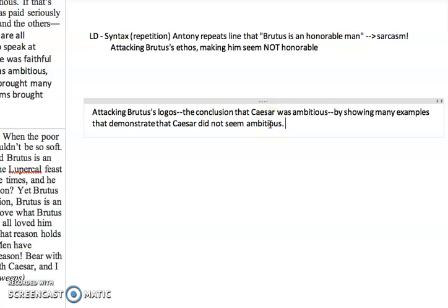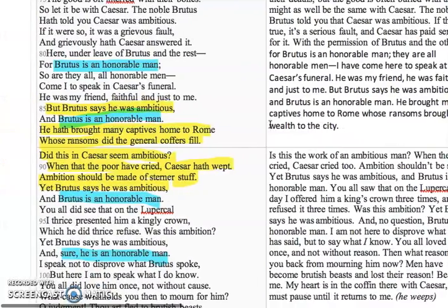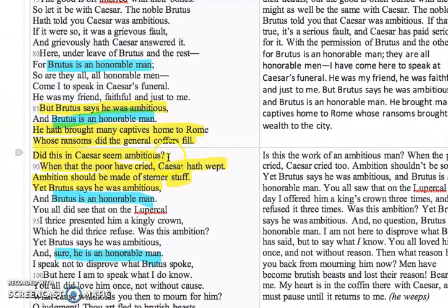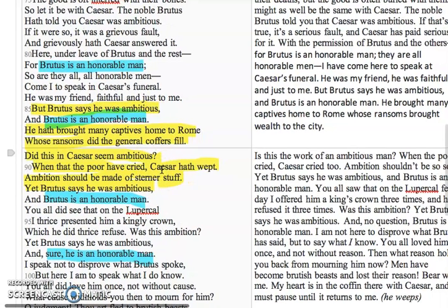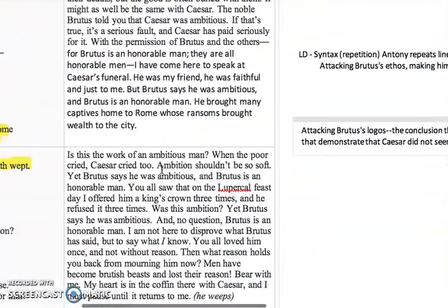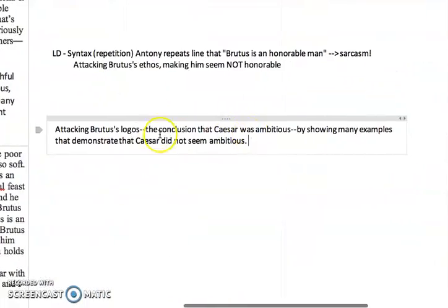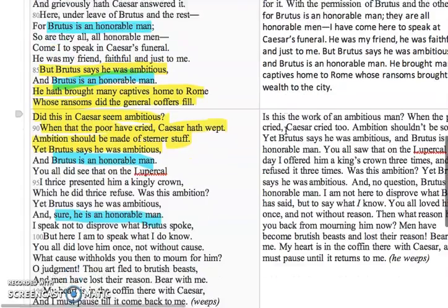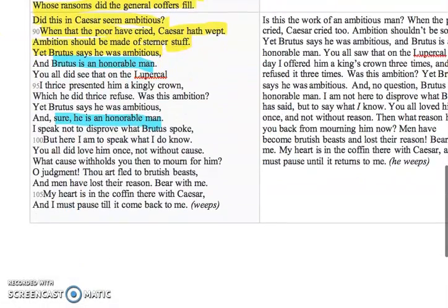Now, of course, we've read the play. We know that Caesar's certainly very ambitious, but from Antony's perspective and from all the plebs' perspective right here, this makes all of Brutus's arguments seem like they might be stretching it. They don't really have enough to conclude that Caesar actually was ambitious if there's all these other examples of him not being so. So he attacks the logos in those ones.